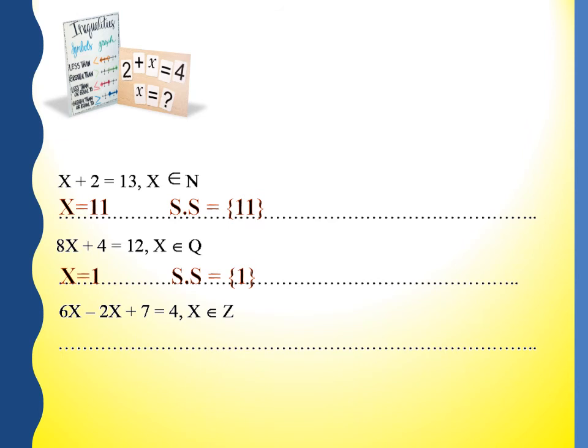Here let's collect the like terms first, then 6x minus 2x, 4x plus 7 equals 4, then this plus 7 goes to the next side, negative 7, then 4x equals negative 3, then x equals negative 3 over 4. I need to find the solution set in the set of integers, and integers have no rational numbers, then the solution set is empty.